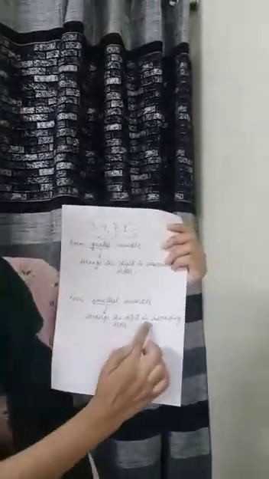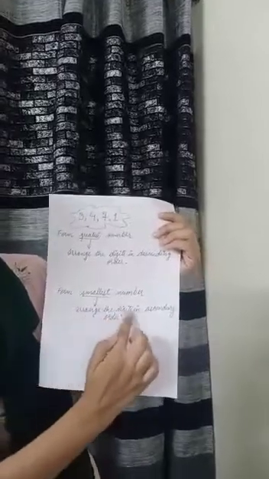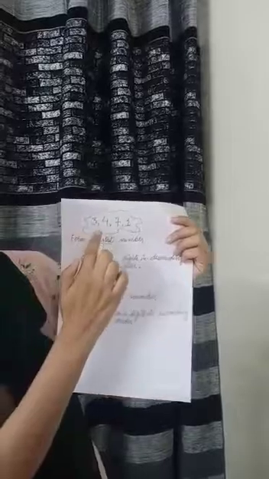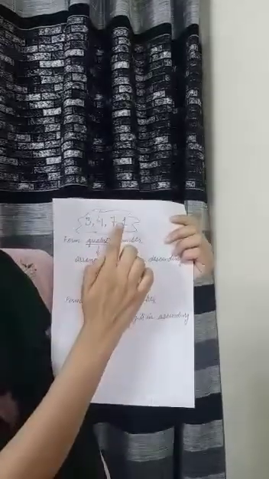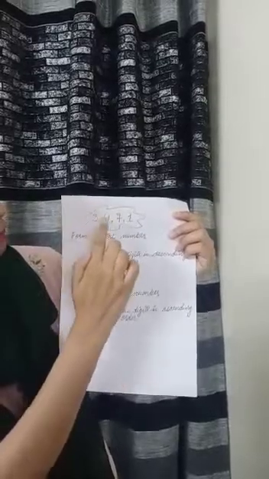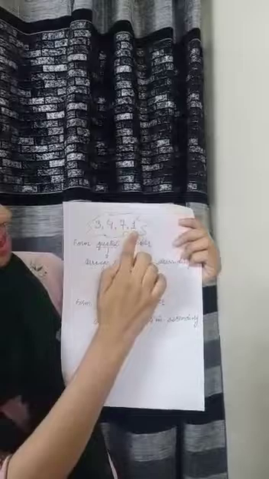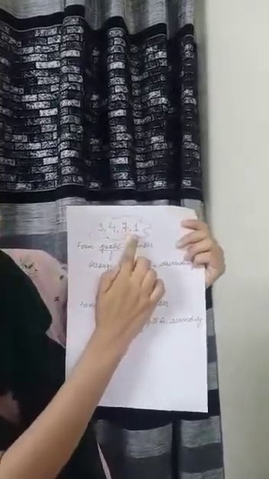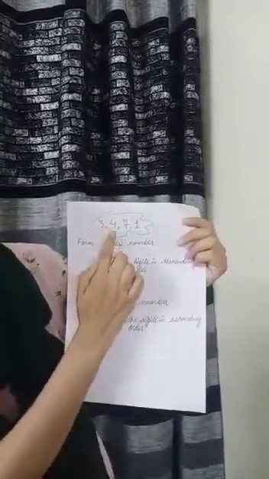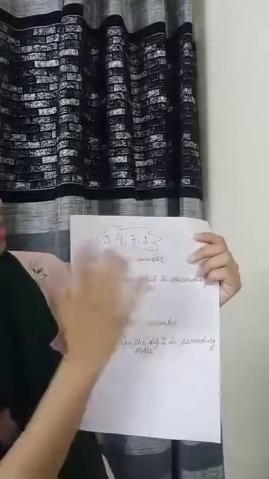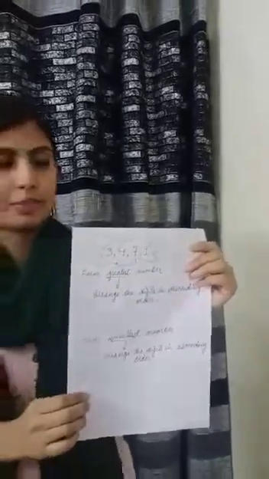So what you have to do is arrange the digits in ascending order. First of all, we'll take the smallest digit, that is 1, then 3, then 4, then 7, and the number will be 1,347, which will be the smallest number we can form using these digits. I hope it is clear to you all.